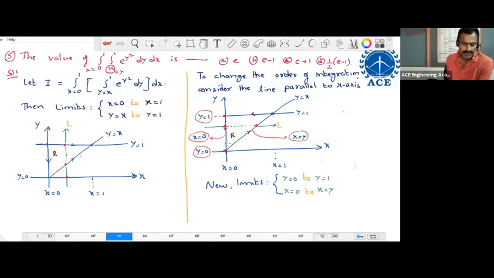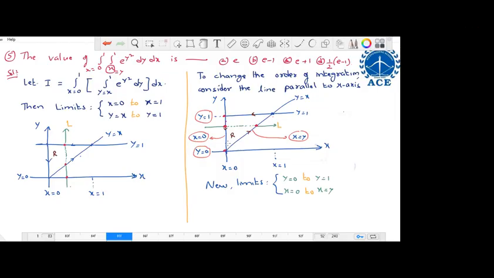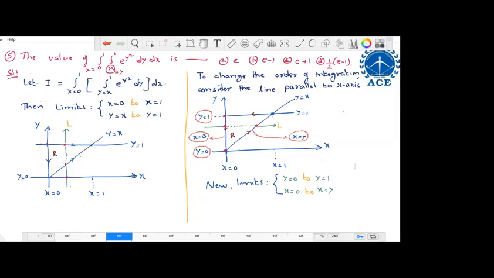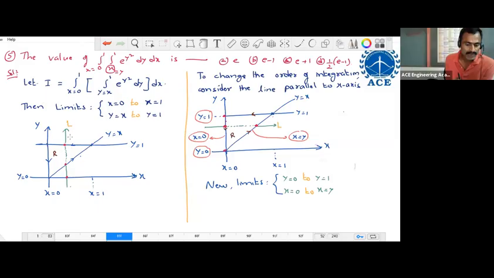I already told one point. Always draw the line parallel to the y-axis in the increasing direction of the y-axis. Along the y-axis, increasing direction means upward. So we should start from down and move upward only, down to up.